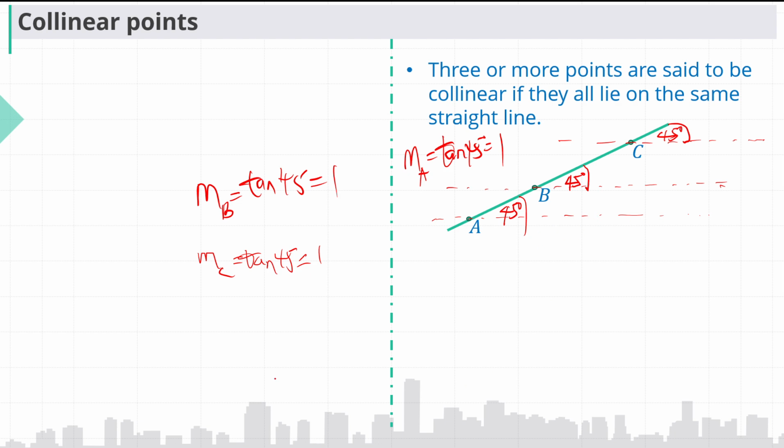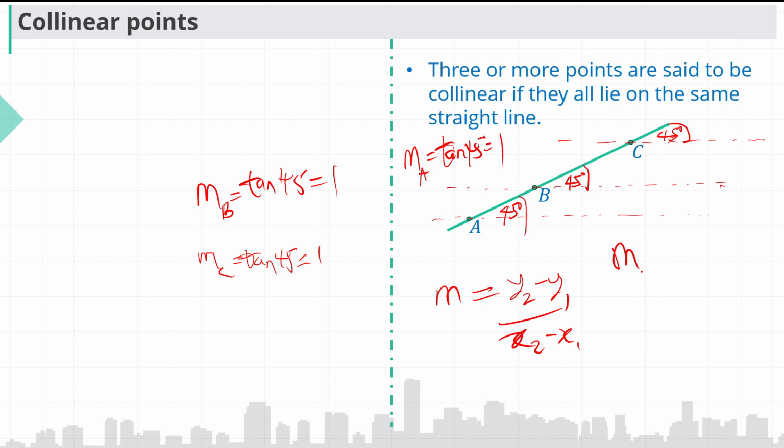That's to say that if you want to use the second formula for gradient, change in y divided by change in x, you can use any 2 points on the straight line to find the gradient.